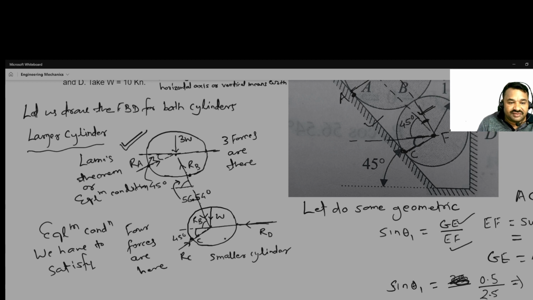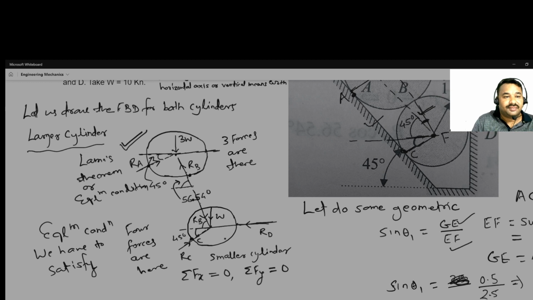In my previous lectures, after drawing the free body diagrams of the subsystems, I showed how to satisfy the equilibrium conditions by summing all the forces in x direction and putting 0, and summing all the forces in y direction and equating it with 0. In this way we can get the answer.